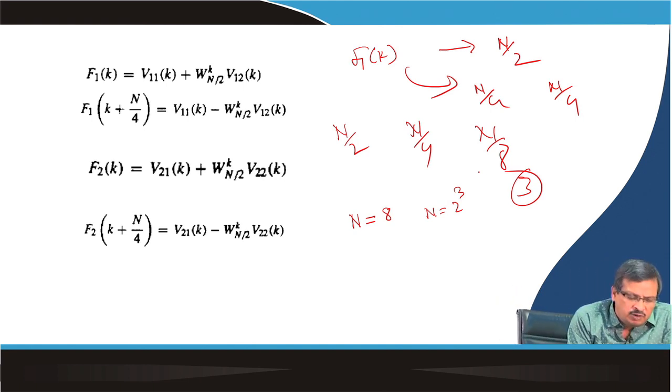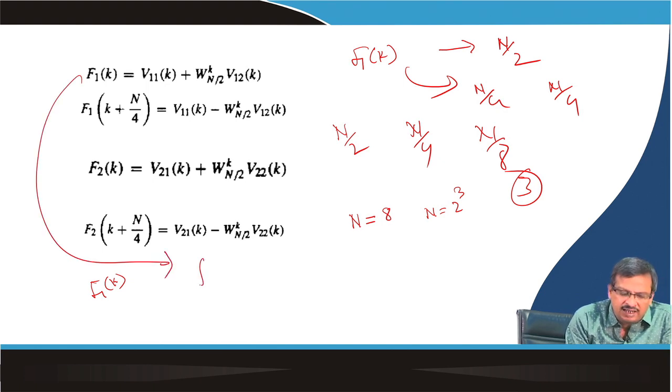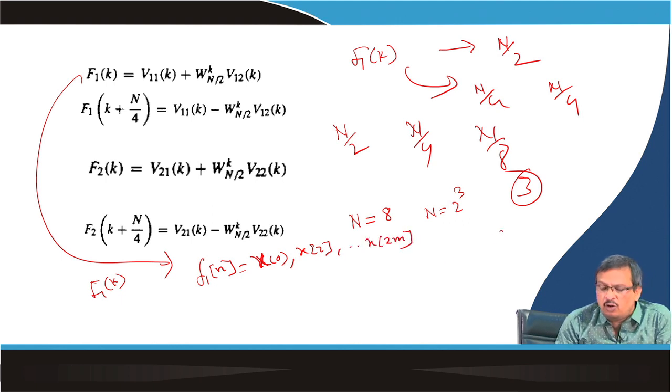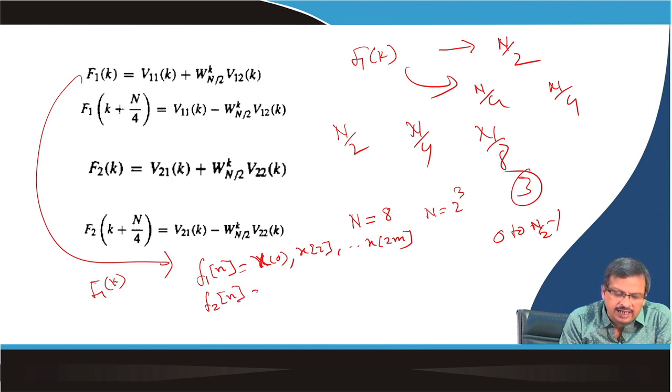So, when I am computing F1k, what are the signal indices? Let us say the time domain signal of F1k is small f1 n, which is small x0, small x2, that is x of 2m, m varying from 0 to n by 2 minus 1, and f2 n is x1, x of 2m plus 1.